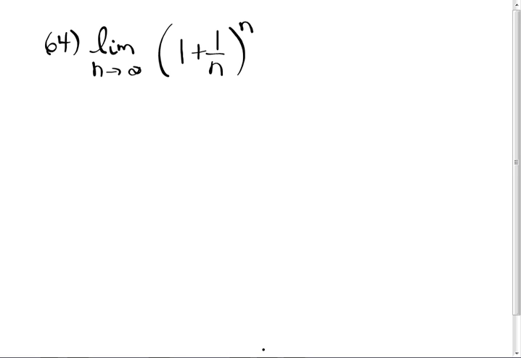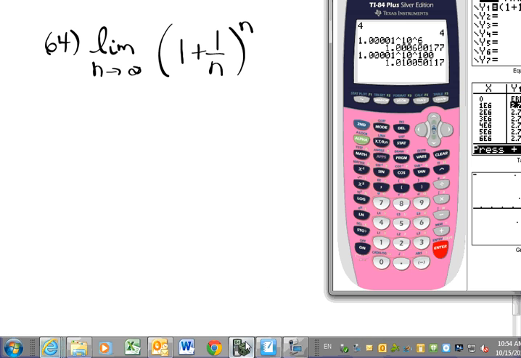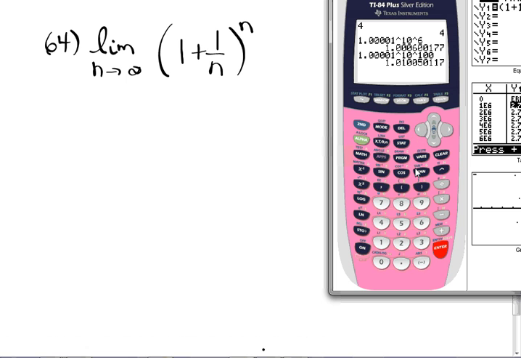In fact, let's start there, finding that limit. N. Okay, so I'm going to click N. Those are N's. As N approaches infinity, yeah.